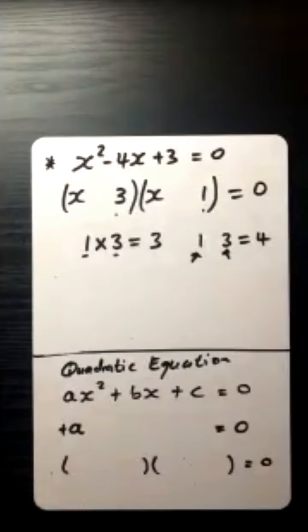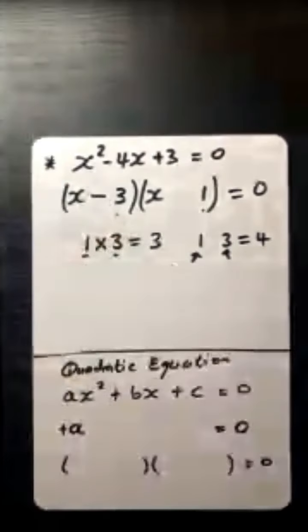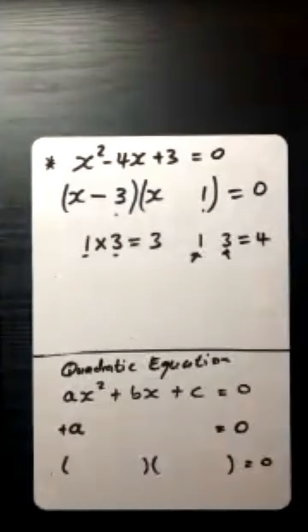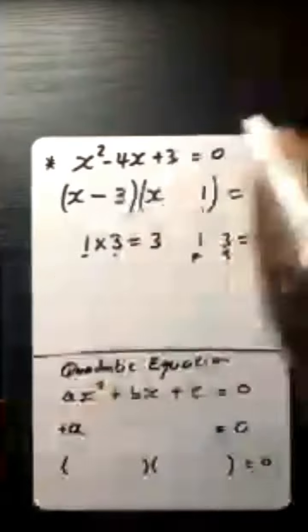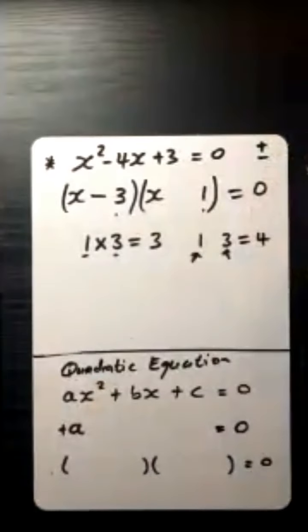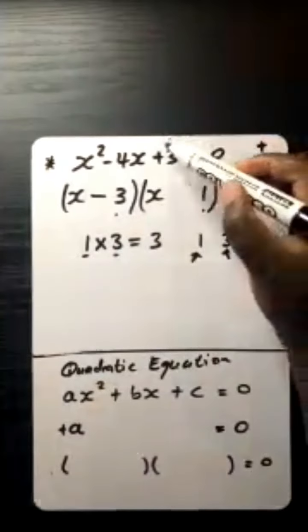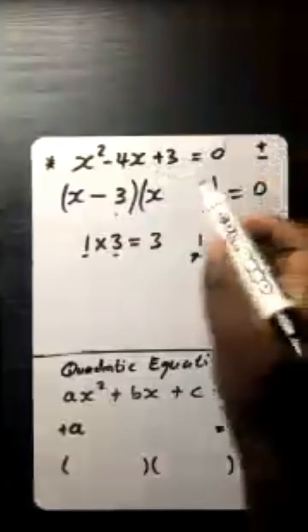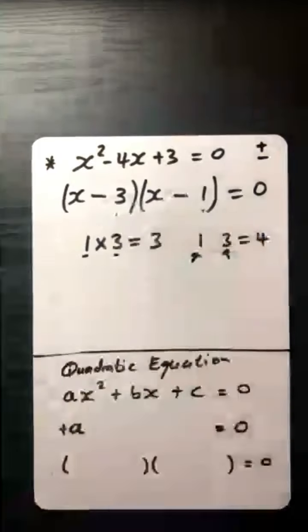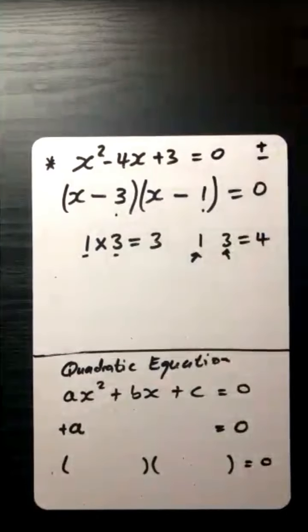The middle term is a negative, which means we are going to have -3 over there. Shreyas, what about that one over there? Is it a positive or is it a negative? Because our C value is positive, then we write a minus over there.